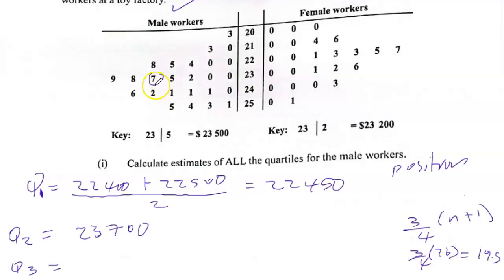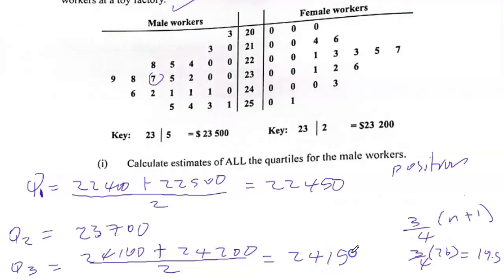So remember the 13th value, then 13, 14, 15, 16, 17, 18, 19. So the 19th number is 24,100 and the 20th number is 24,200. So we average these, add these, divide by 2. So Q3 would be 24,150. So Q1, Q2, and Q3.